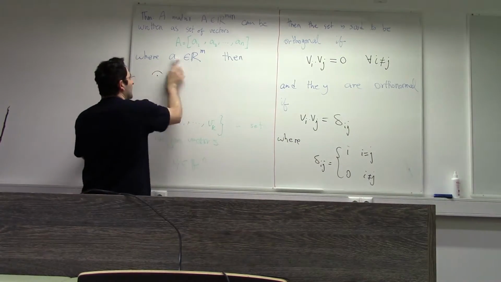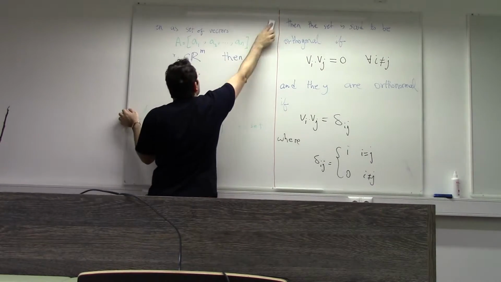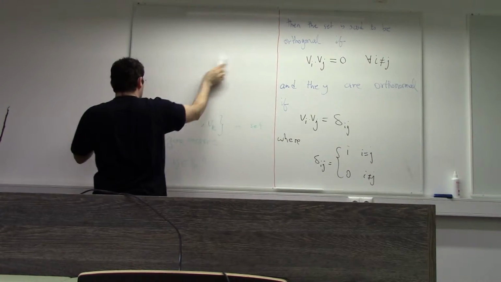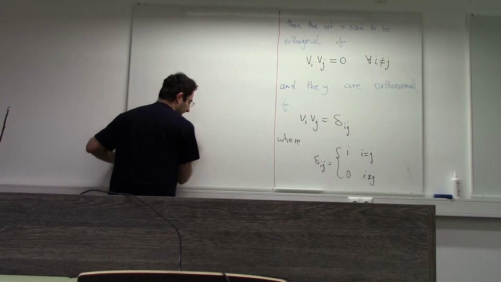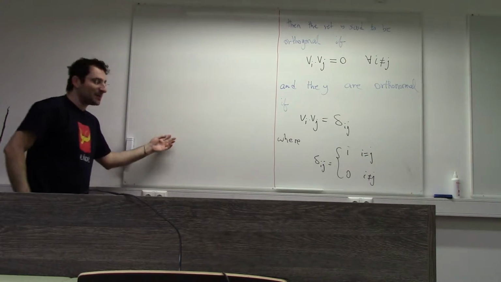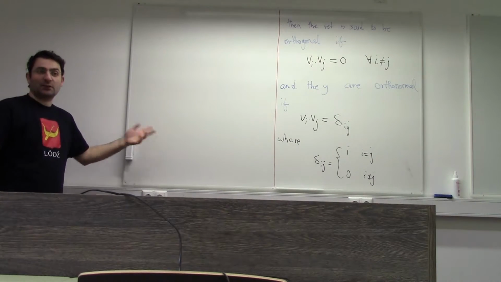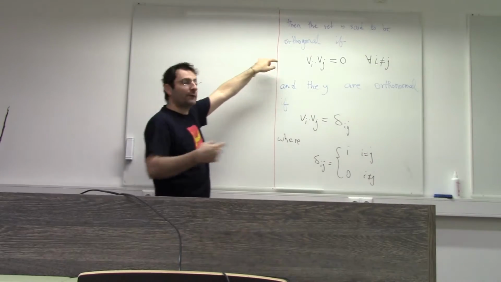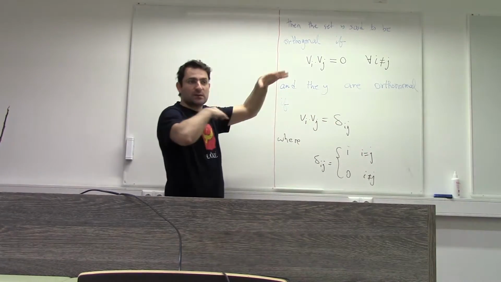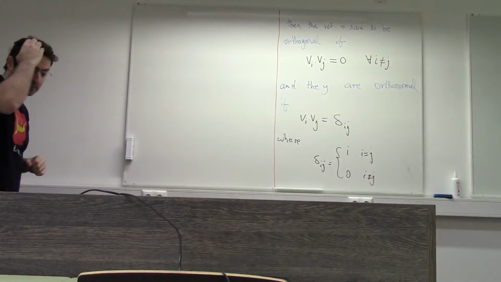Now let's do a very simple example, and then I will ask a question. This was good, because we were linking it to the column space from before, trying to see the bridge of how we are generalizing.